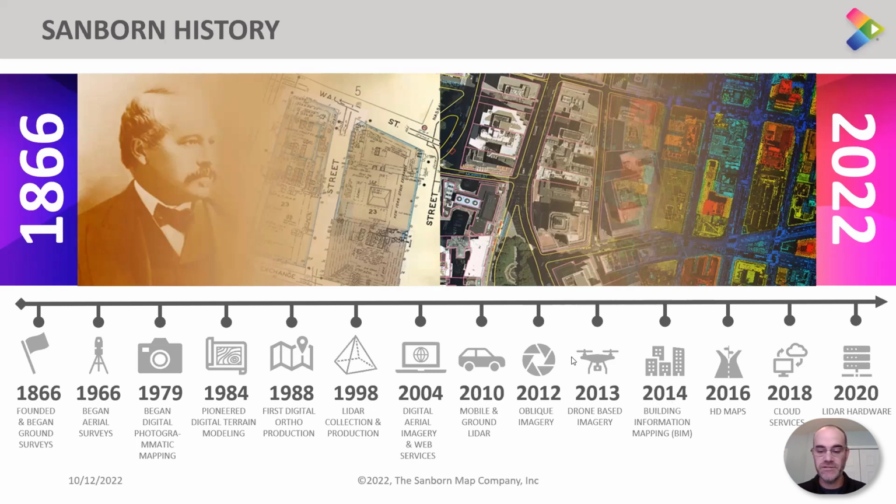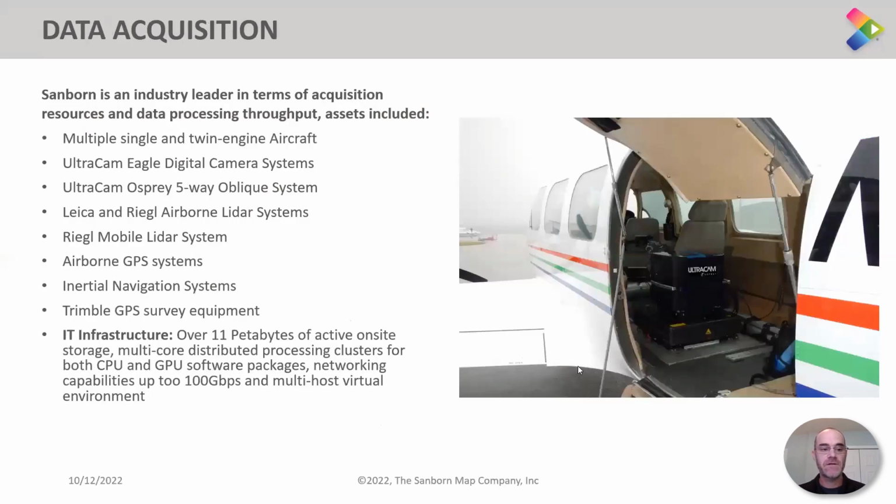As we've moved into the 21st century, we're looking at digital sensors, oblique imagery, drone-based imagery, LiDAR services, et cetera. So we are a full service geospatial provider, really owning assets all up and down the service chain and product chain.